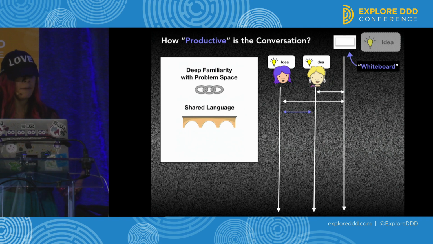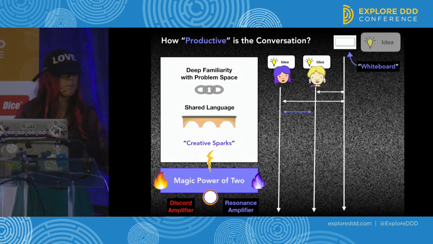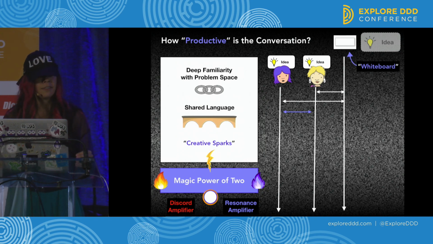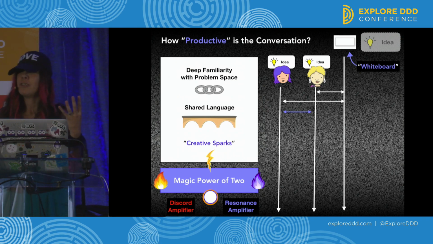And what happens is this magic power of 2, where you've got an engine, effectively, you create with 2 people where you amplify the discord between you with having dissonance in your ideas, and at the same time, you converge in terms of resonance. This creates a little creative spark engine, if you will, for figuring out how to solve our problems, right?